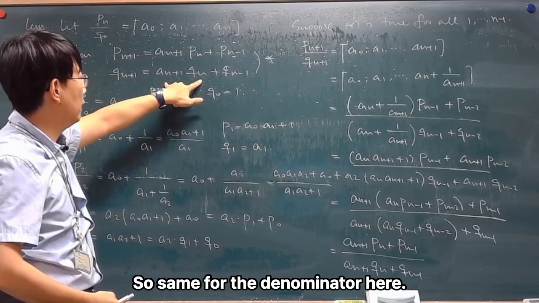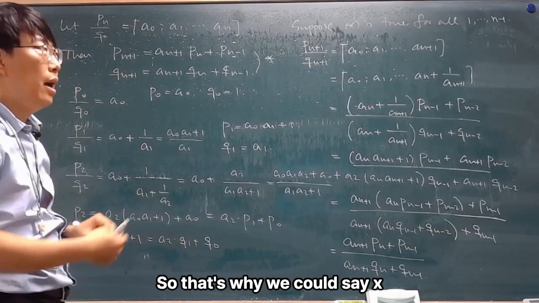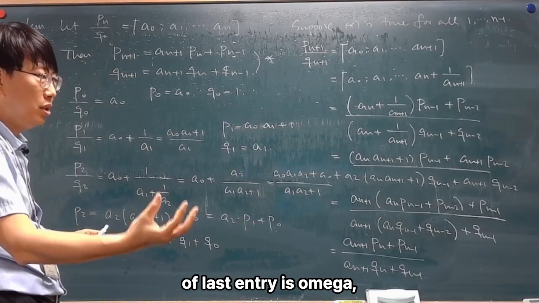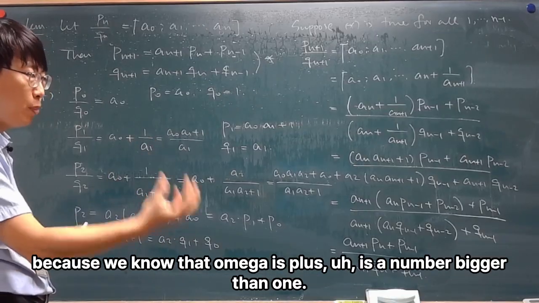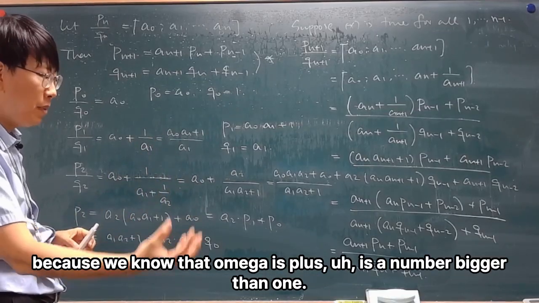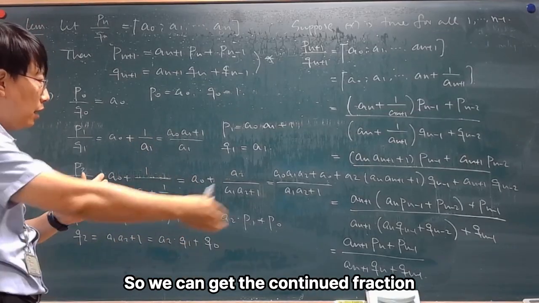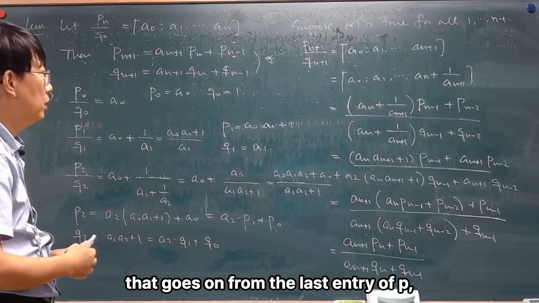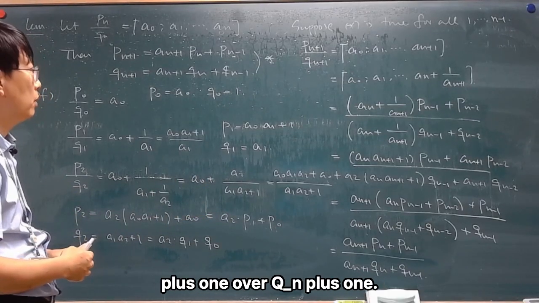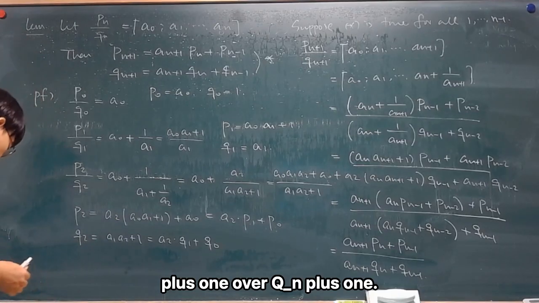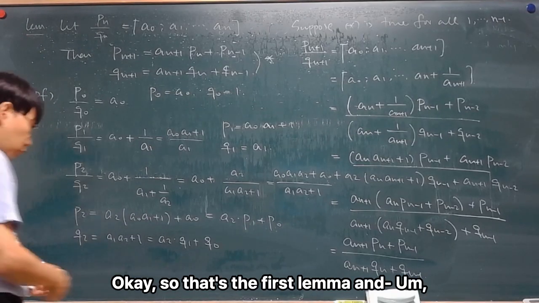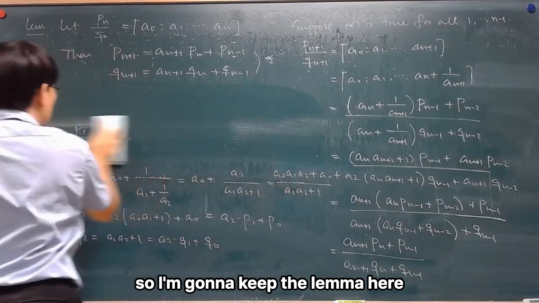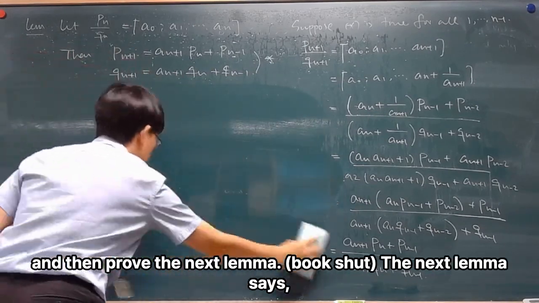So same for the denominator here. So that's why we could say x is given with the continued fraction's last entry being omega, because we know that omega is a number bigger than 1, so we can get the continued fraction that goes on from the last entry of the continued fraction of Pn plus 1 over Qn plus 1. Okay, so that's the first lemma, and I'm going to keep the lemma here and then prove the next lemma.